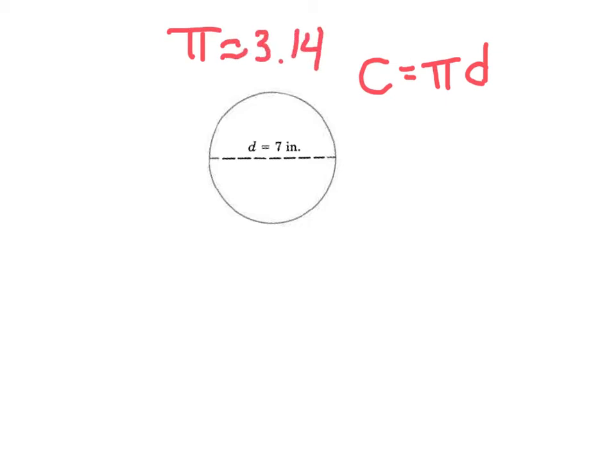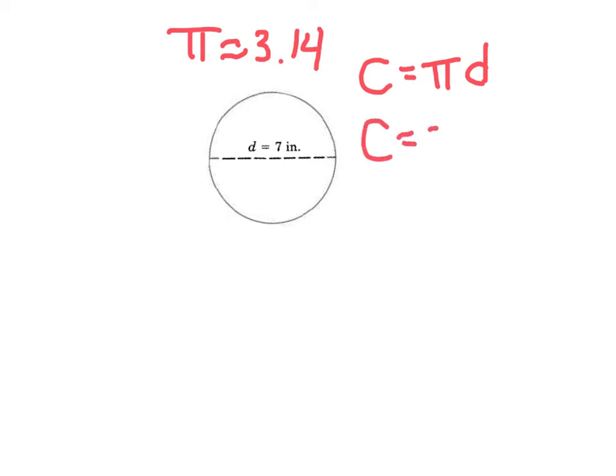All right, so let's calculate circumference of this circle. And let's start with the formula. C equals pi times diameter. And of course, we'll use our approximation of pi as 3.14. Okay, so let's substitute.